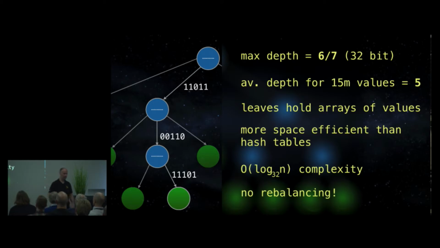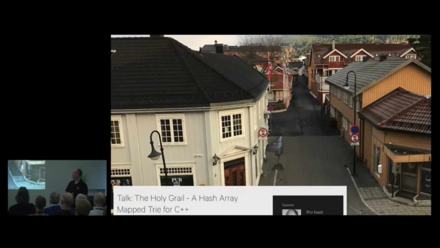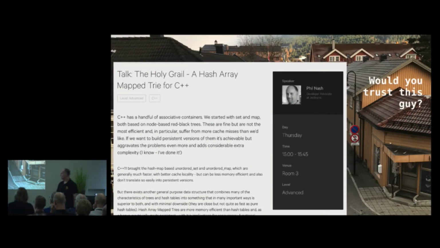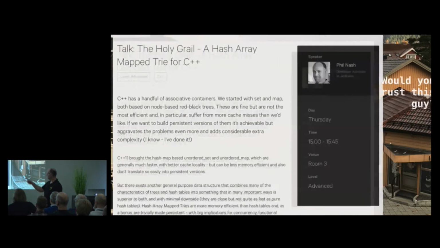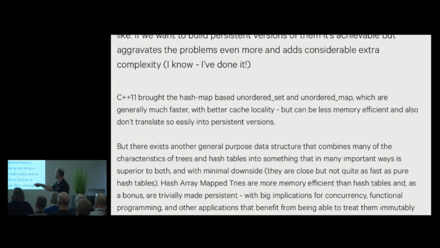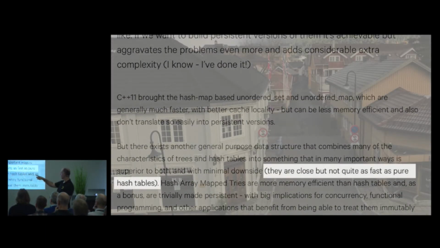So that's the theory. Let's actually look at some of the outcomes of all this. If you looked at the abstract on the website for this talk, there's a bit where I made this claim. I'll highlight that. Talking about hash trees, I say they are close but not quite as fast as pure hash tables. That's the claim.